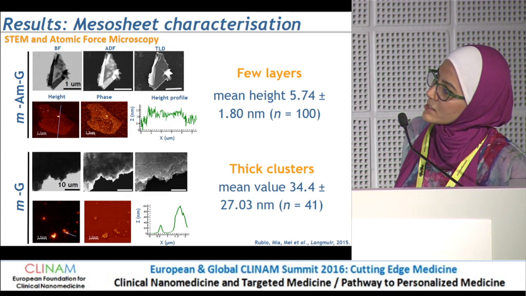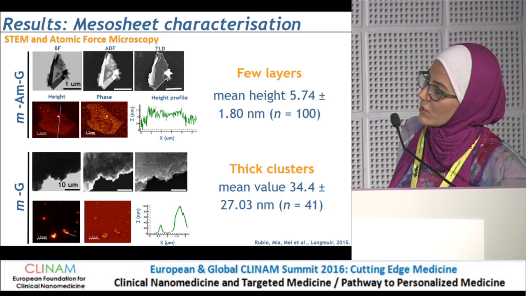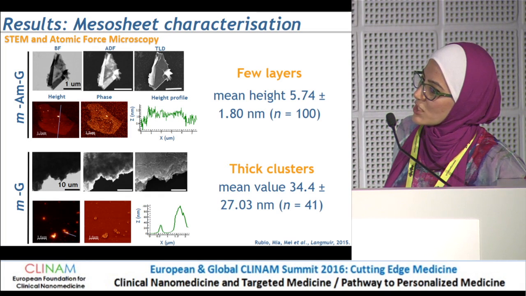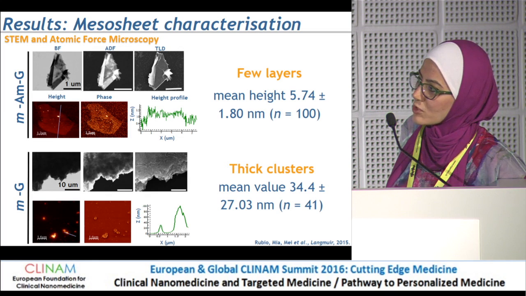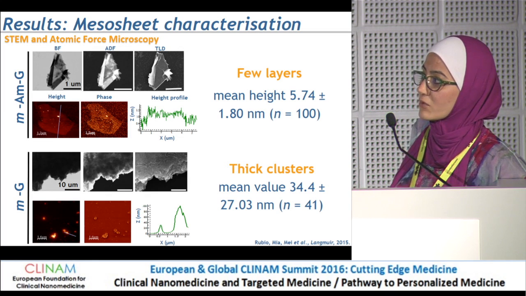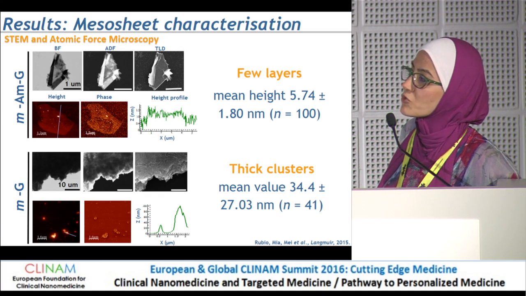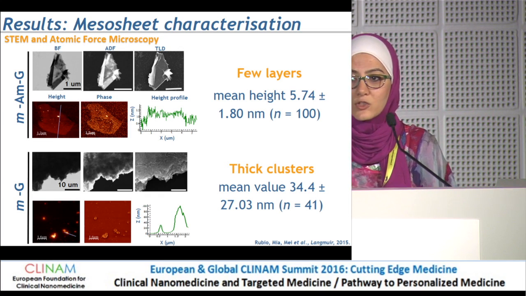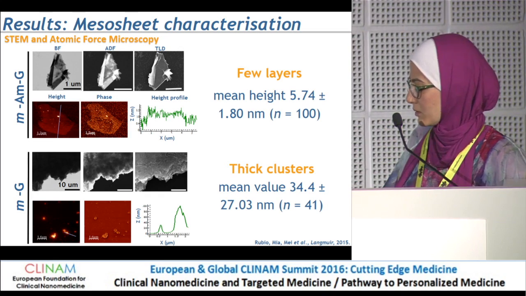This is STEM imaging and atomic force microscopy. You can see that here you have a sheet which is approximately, that's a 1 micrometer bar. But if you have the graphite milled without the drug, you see huge bulks of material that are very big, and that's the thickness of the material, compared to much fewer sheets when you have the drug milling the graphite.